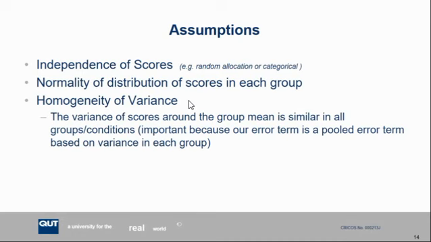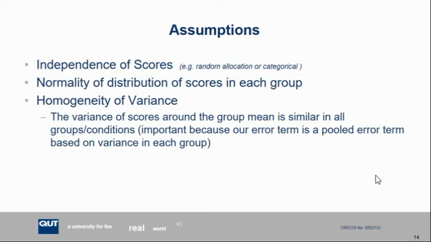That is, that the variance of scores around each group mean is similar in all our groups. And this is important because our error term is actually what's called a pooled error term. It's based on the error in each one of those groups, and we pool it together as an estimate of our population variance.